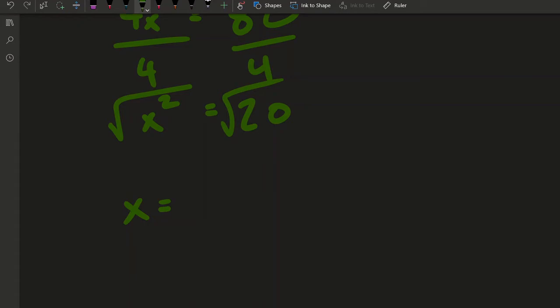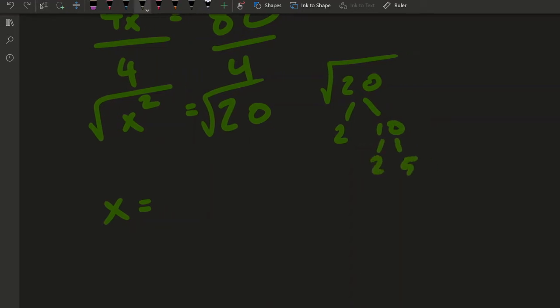now I have to find the square root of 20. And we want exact answers in this one, not decimal approximations. So that means I need to reduce that radical. So we remember from Algebra 1 that the square root of 20, we break this down and look for perfect squares. So this is 2 times 10, and 10 is 2 times 5.